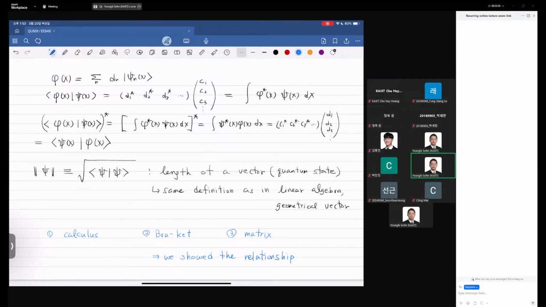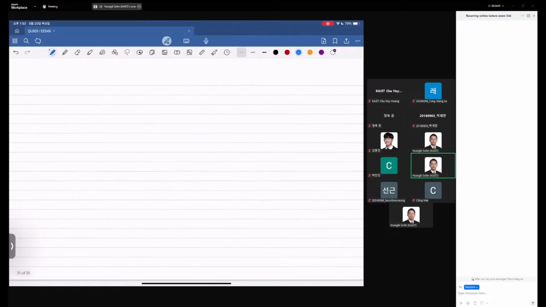It's more about a rule, and this new formalism is a useful tool for calculating things. Think about quantum mechanics. That's why we learn all these three aspects. All right, so let's move on, and explore the matrix more by working through different examples.